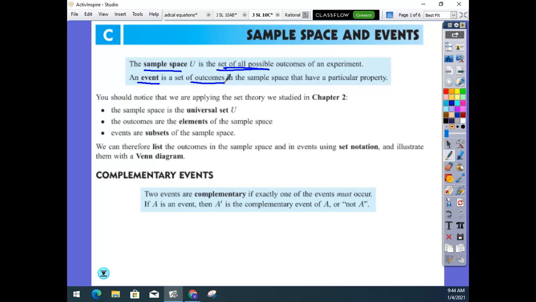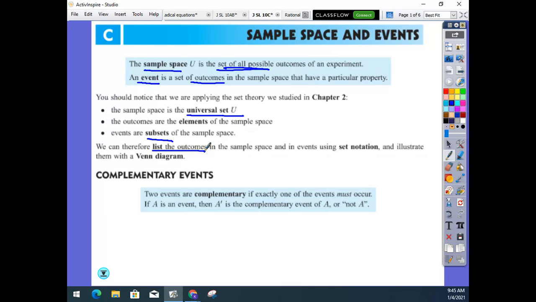All right, so your sample space is always the universal set, U, and then the outcomes are the elements, and events are subsets. So all of this sounds confusing, so we're going to organize it, and it'll make better sense when we're doing the problems themselves.